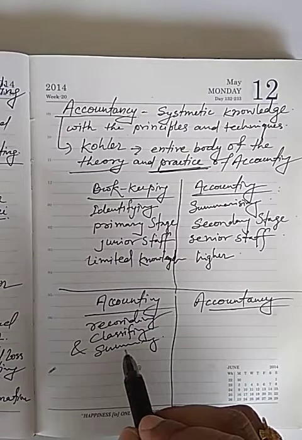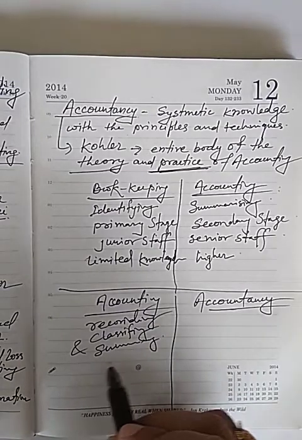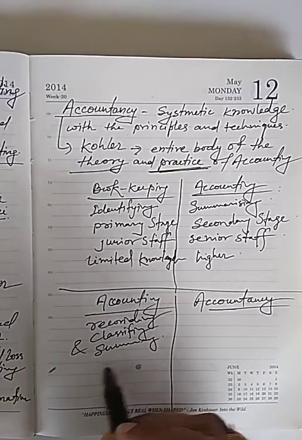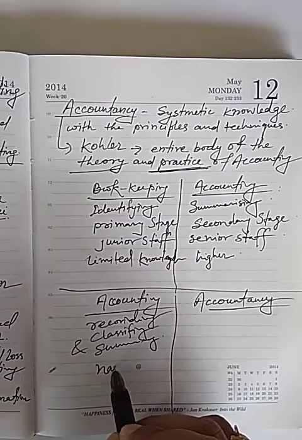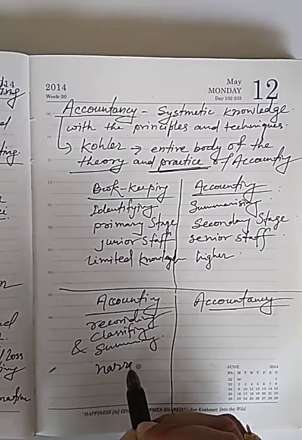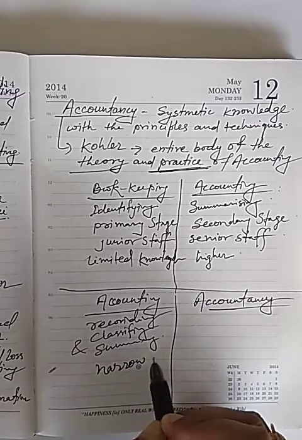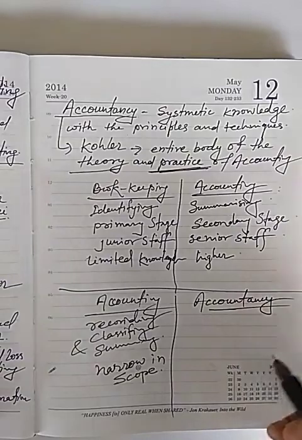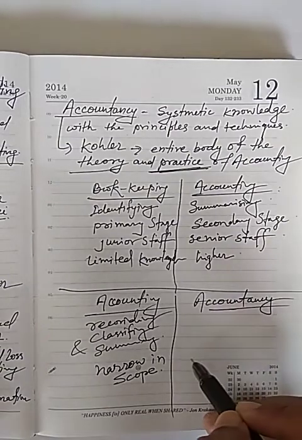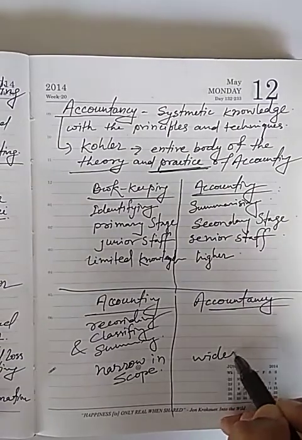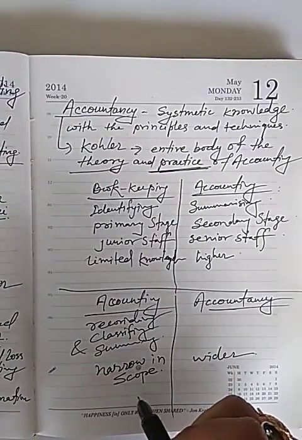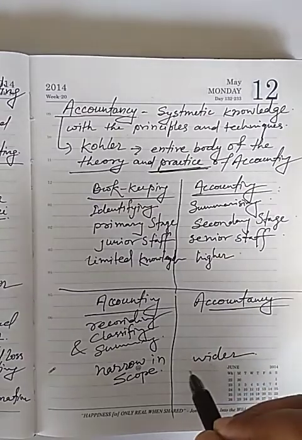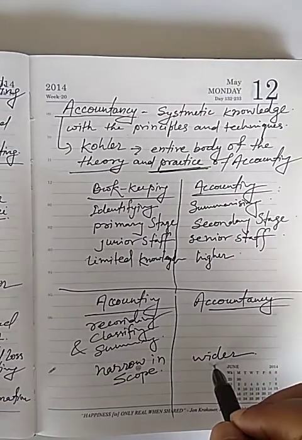The second thing is scope. Accounting is narrow in scope, and accountancy is wider in scope, because it includes bookkeeping as well as accounting.